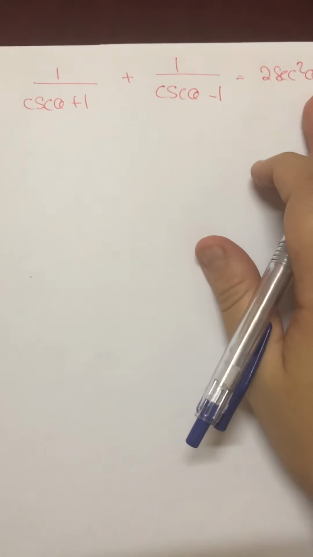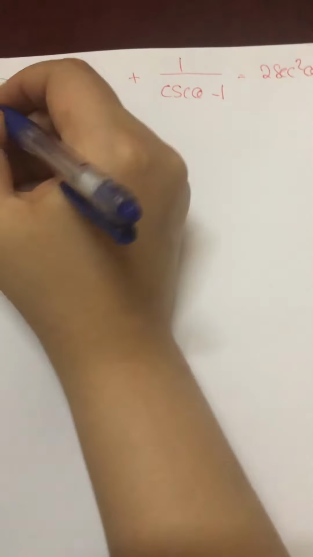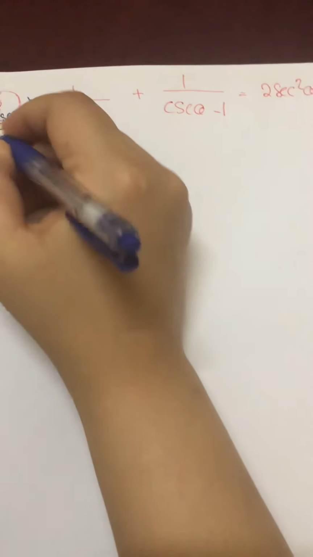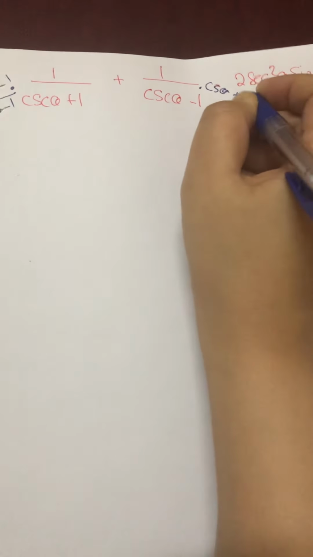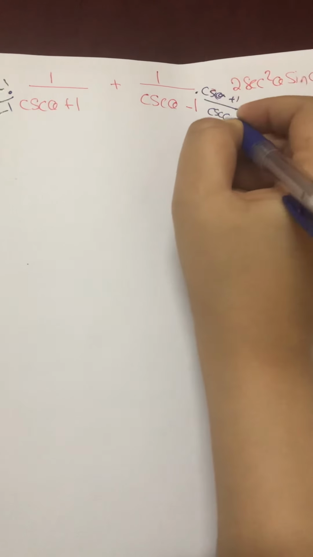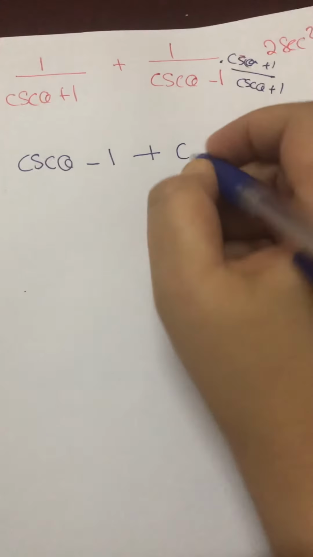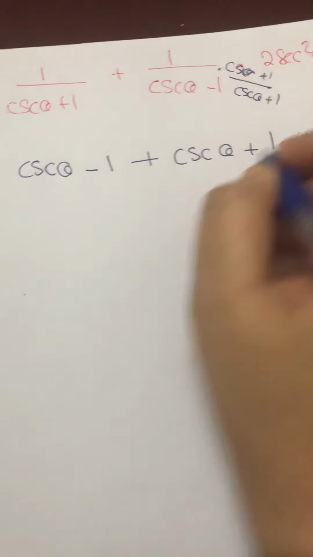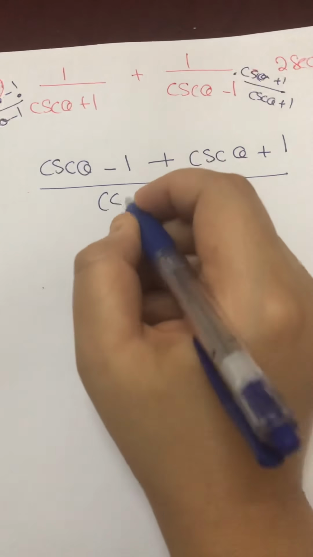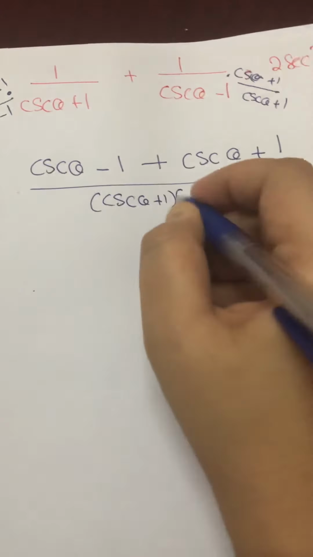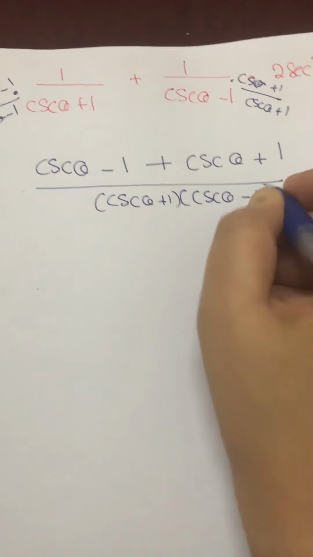So what did I do? I multiplied here by cosec theta minus 1 over cosec theta minus 1, and here cosec theta plus 1. Sometimes I forget the second c. So the numerator over here is cosec theta minus 1 plus, I will add directly, cosec theta plus 1, all over cosec theta plus 1 times cosec theta minus 1.